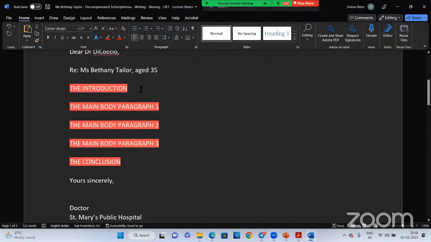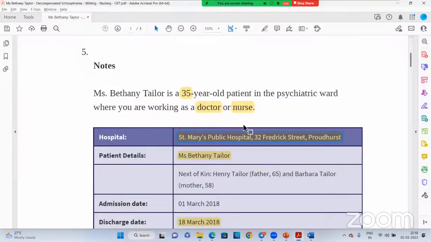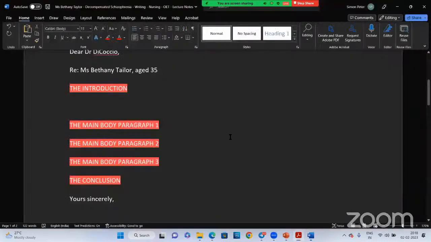So, introduction. How are we going to write the introduction now? In the introduction, you will take the patient's name. First, you start with the patient's name. It's not final, this is rough. I'm just giving the bullet points.